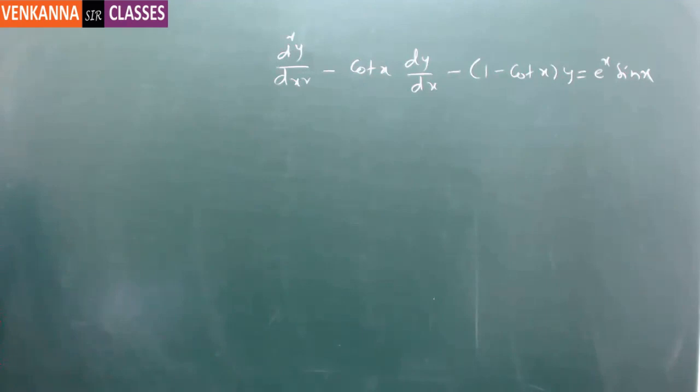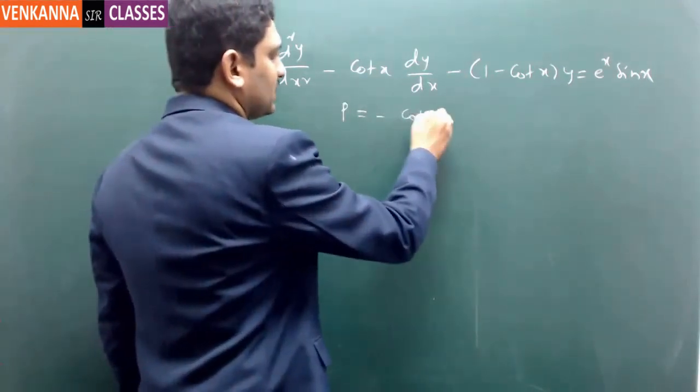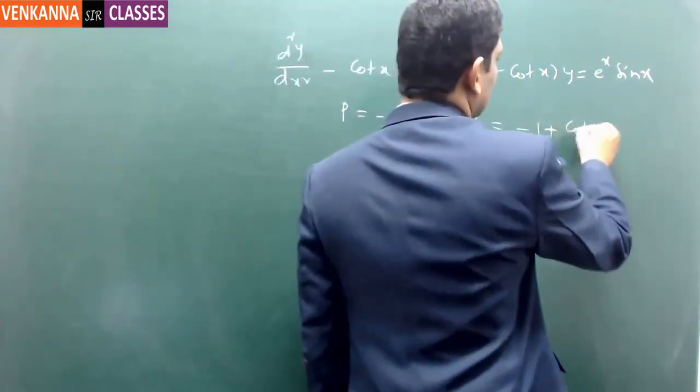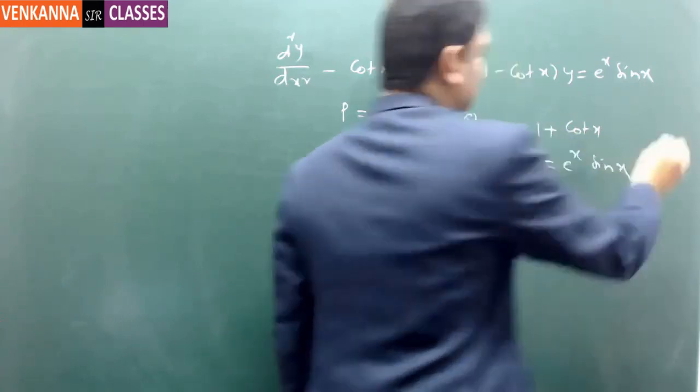The maximum complexity you can expect under this category is this kind of problem, with coefficients involving sine and cos functions, etc. Here p is equal to minus cot x, q is equal to minus 1 plus cot x, and r is equal to e power x into sin x.